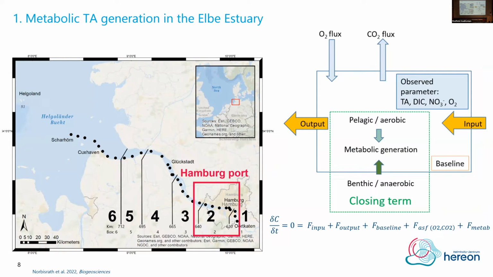We calculated the baseline in accordance with salinity as a mixing between fresh and marine waters. For this, box 1 in the upper river and box 6 in the North Sea act as boundary conditions. And in order to complete oxygen and carbon dioxide, we also calculated their exchange with the atmosphere.